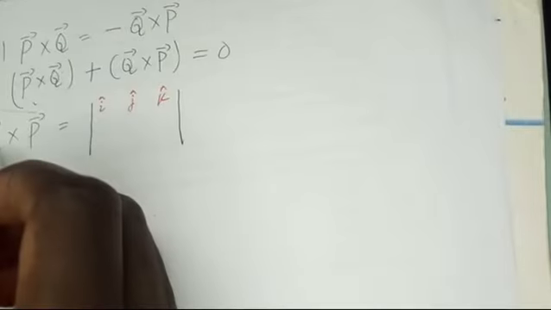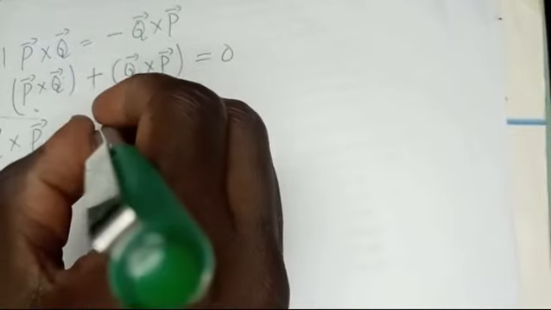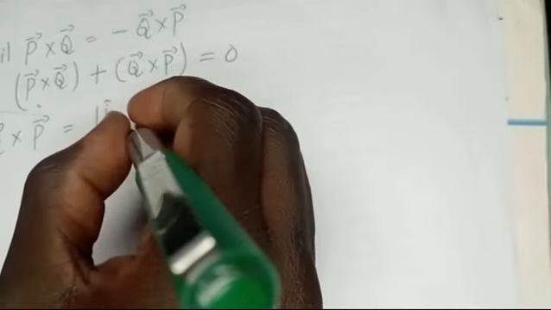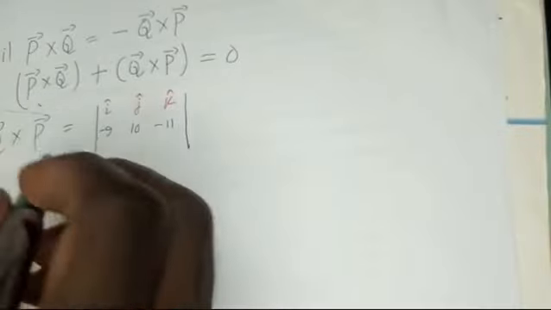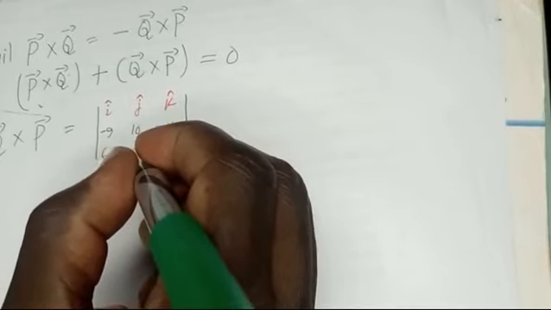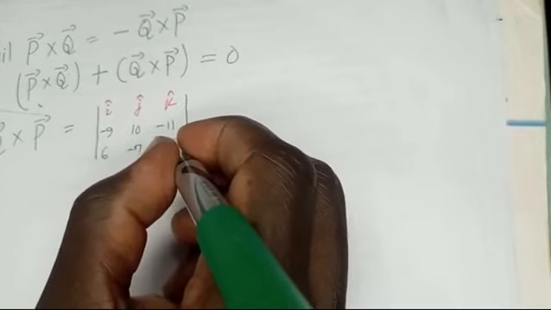Next, we now take the values for Q, the Q we were given: the coefficient of i is negative 9, for j is plus 10, and for k negative 11. Then what about P? We now write for P 6, then here minus 7, and then here 8 positive.